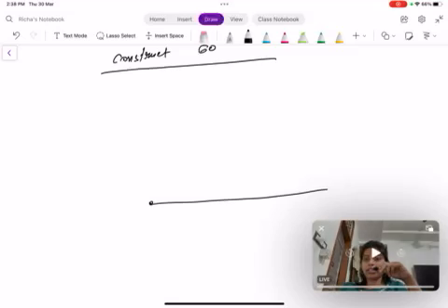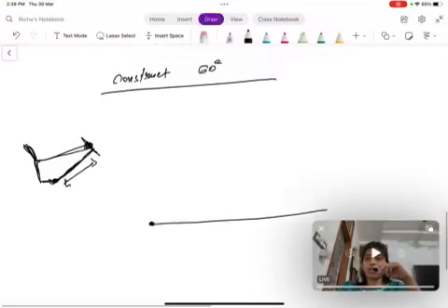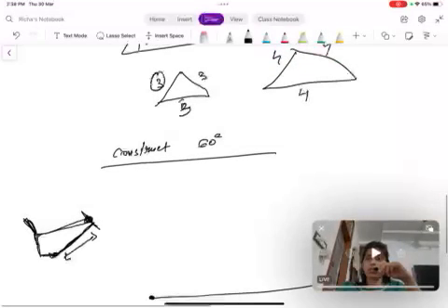Then with a compass we'll take a certain length, which can be any length, and mark it. I will not change this length, because for an equilateral triangle all lengths are equal.